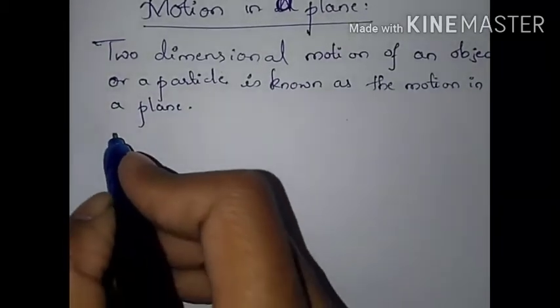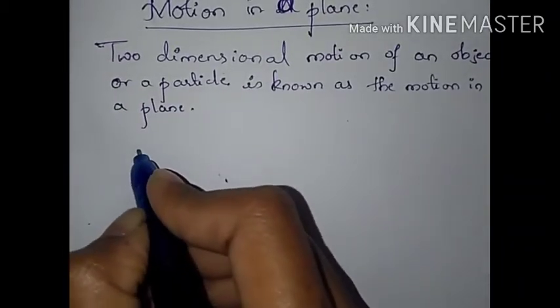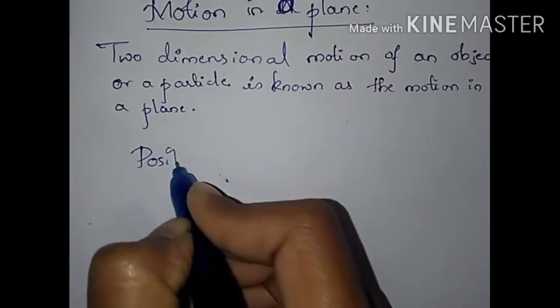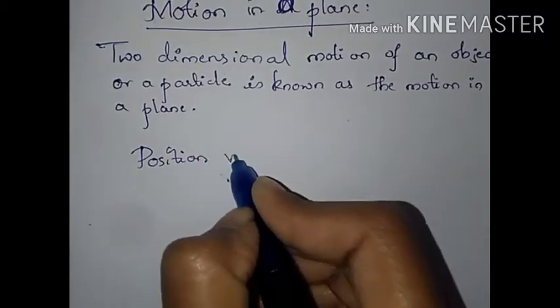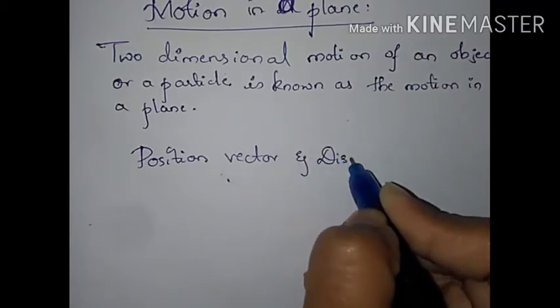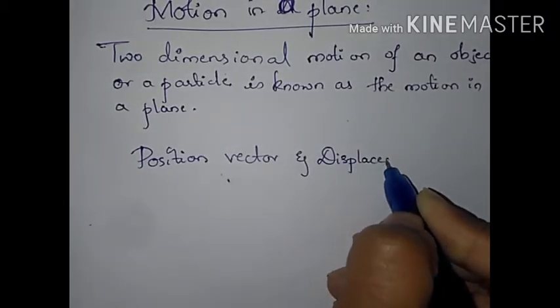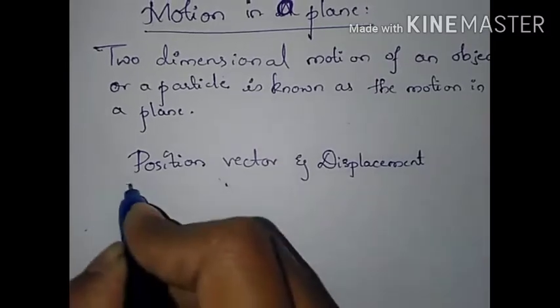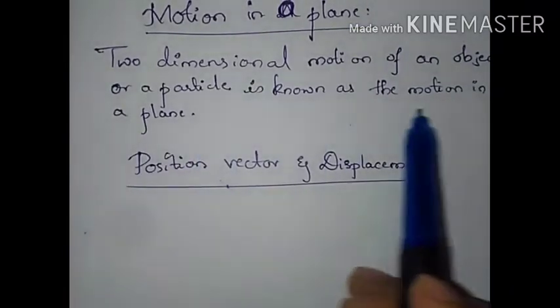In this first section we have position vector and displacement. So you got to know what is motion in a plane.